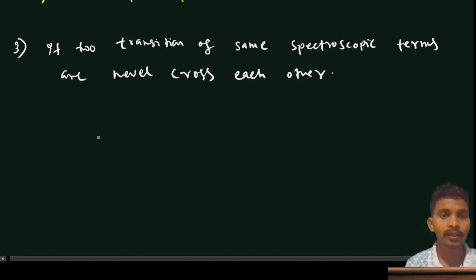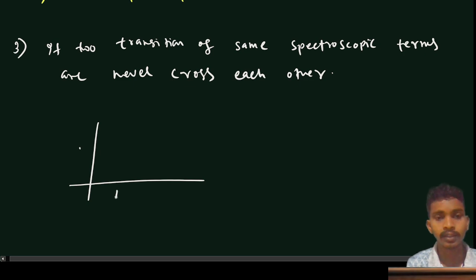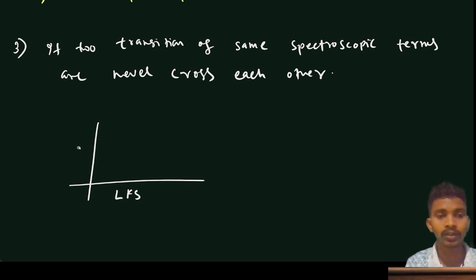What I mean is, let's say we are doing electronic transitions here. This is the ligand field strength, and here is the energy. Whenever we are doing transitions, let's say one term is T2g, and another is Eg.